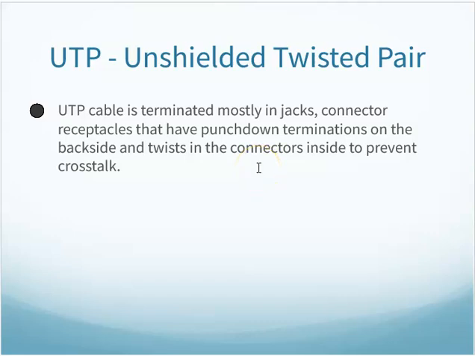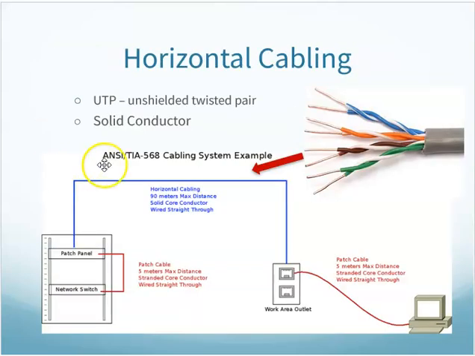Our UTP cable is terminated mostly in jacks, outlet jacks, as well as punch down. So as I look at my horizontal cabling, okay, the solid conductor, this is typically terminated into the punch down in the back of a patch panel and on into an outlet jack that usually has some type of punch down mechanism with it.